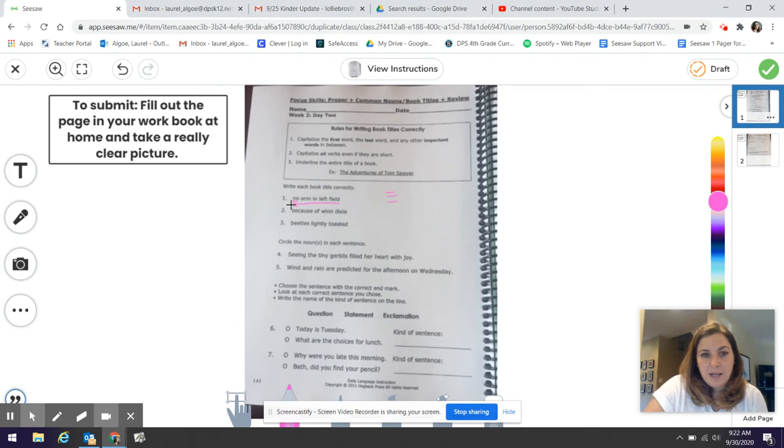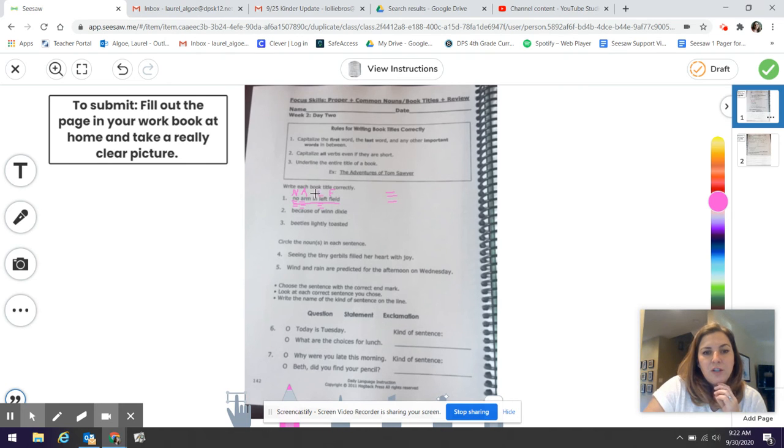That means capitalize. Or you could write the big N here and the big A here. Arm, in stays small, left would get capitalized, and field would get capitalized. So you can either change the letter itself or use those 3 lines under the letter that you want to capitalize. And then we're underlining the whole thing because it's a book title.